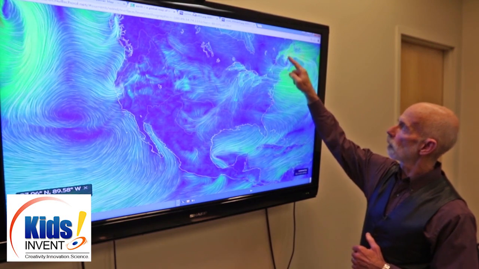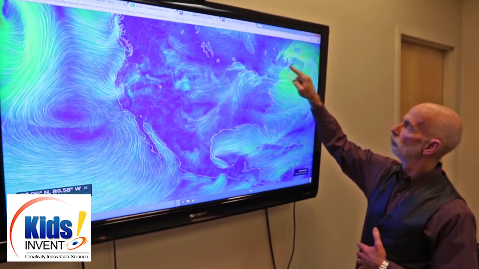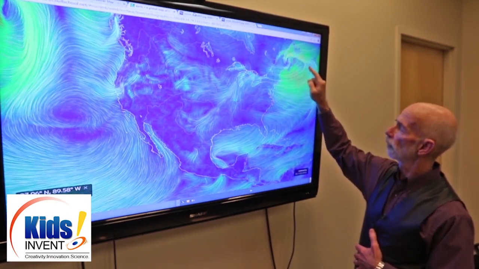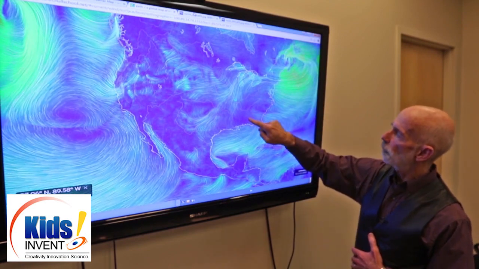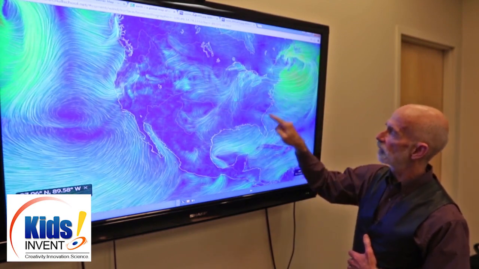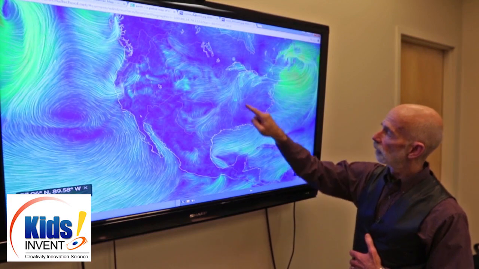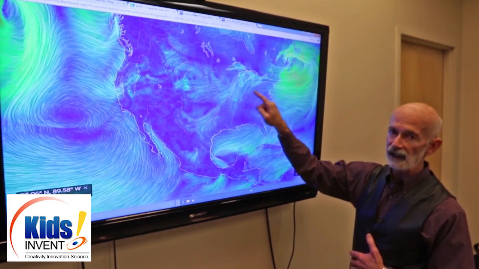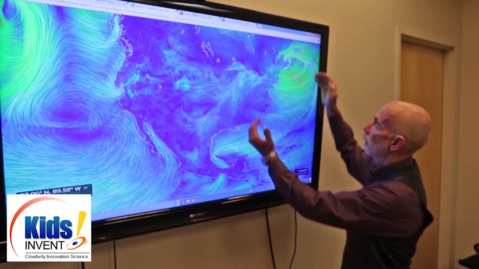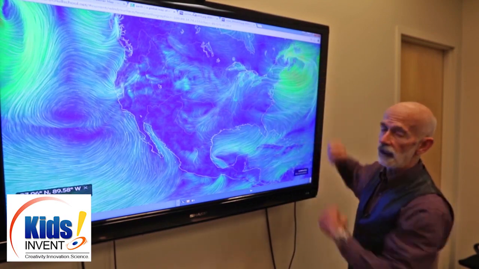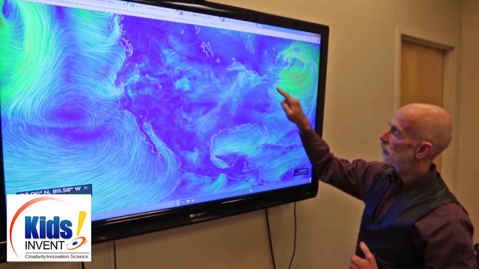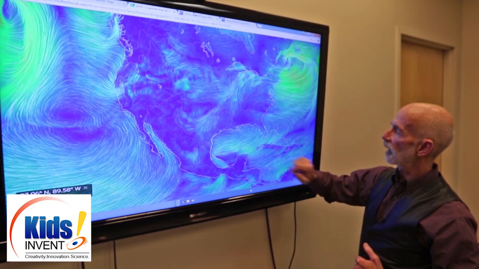Look at this low pressure up here in Maine, or just north of Maine, and a corresponding high pressure right here on the central Atlantic part of the United States. And those two fit together as highs and lows usually do. So we'll look at those in just a second.